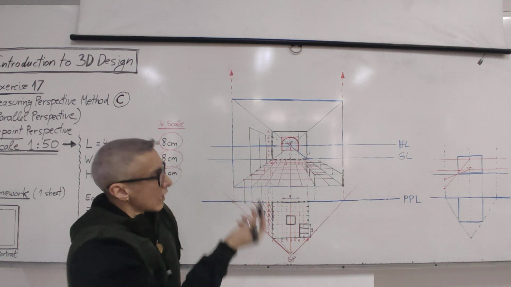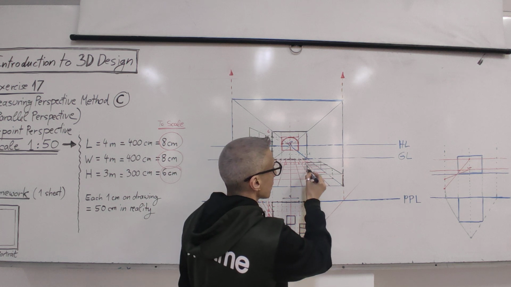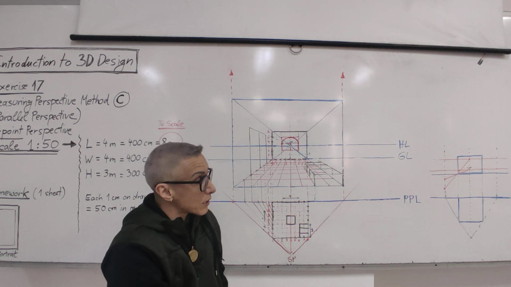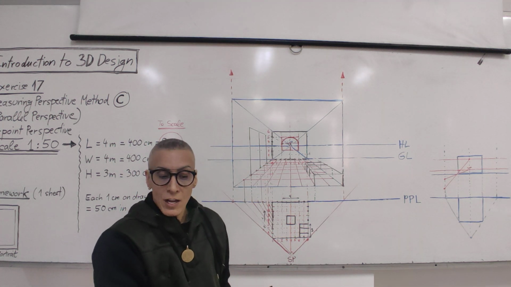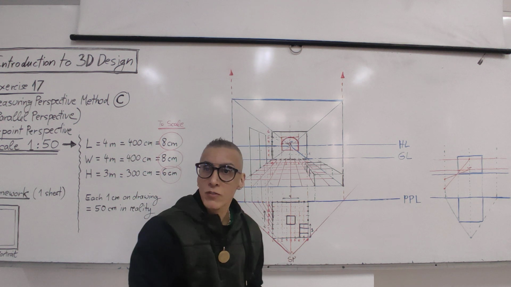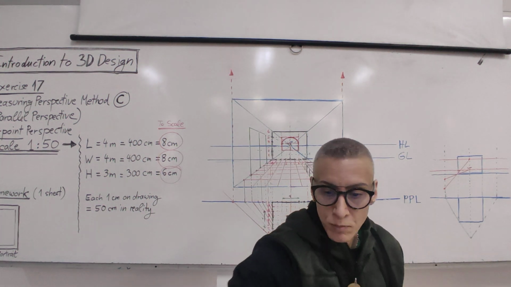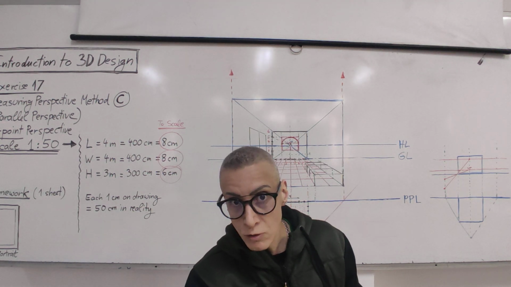So then we can add more details. We can have thicknesses here, for example, door handles, anything. If this is, for example, a table, it will have legs. But how do you draw the legs then? Because from the top, we don't see the legs. For example, this table, if you look at it from the top, you see this rectangle from the top view. But the legs, you still need to find them.